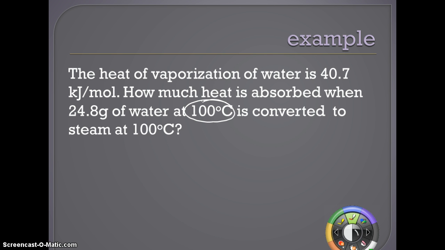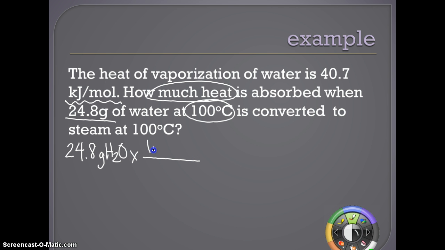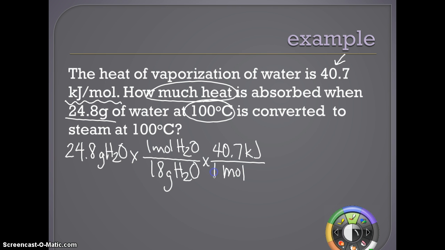So they are starting us off with 24.8 grams of water, and they want to know how much heat. So our unit here is kilojoules per mole. That means we need to turn our grams into mole. And from there we can use our 40.7 kilojoules per mole to get to our kilojoule answer.